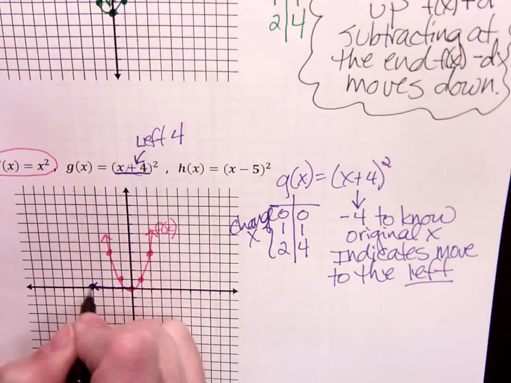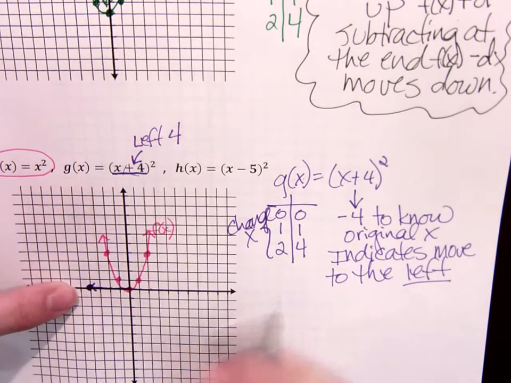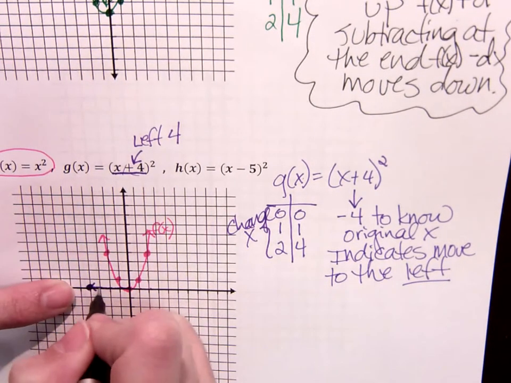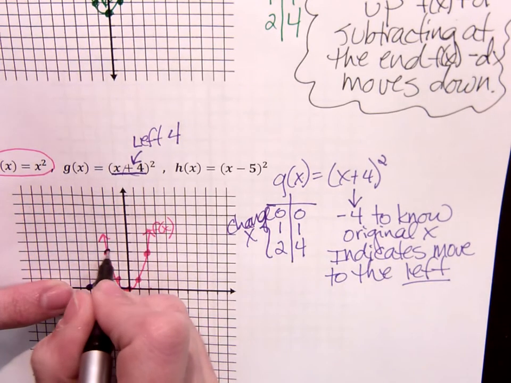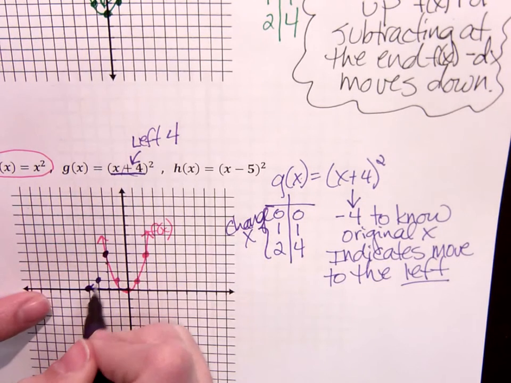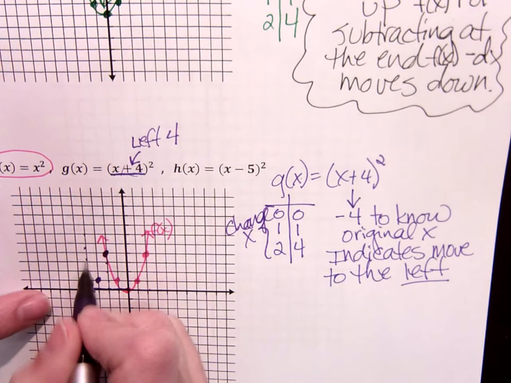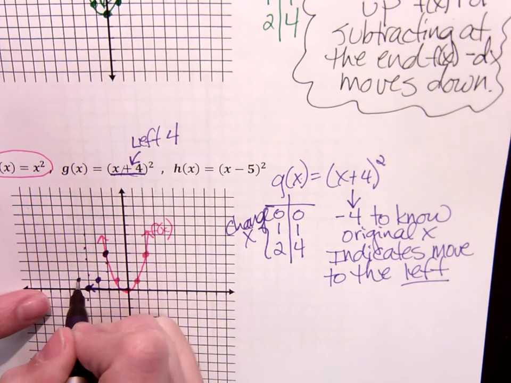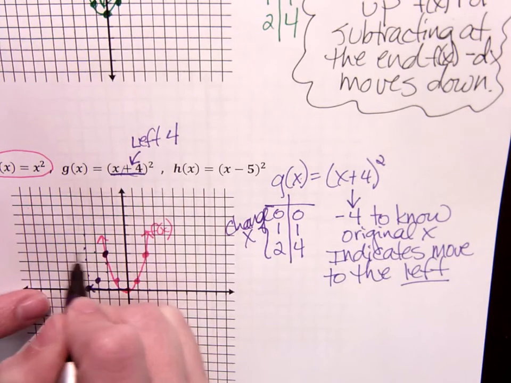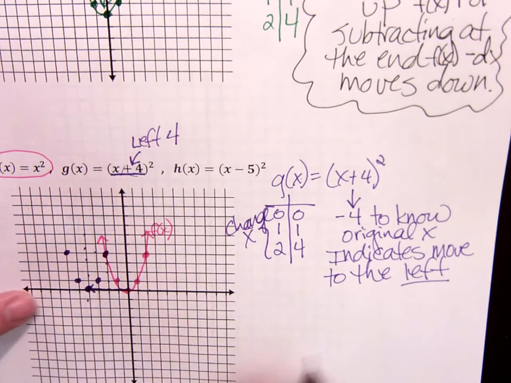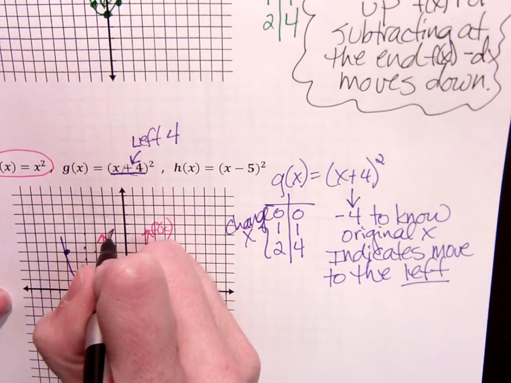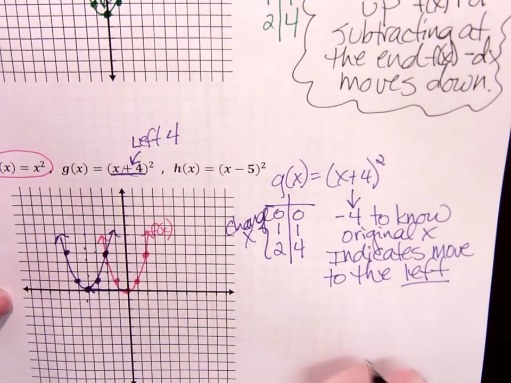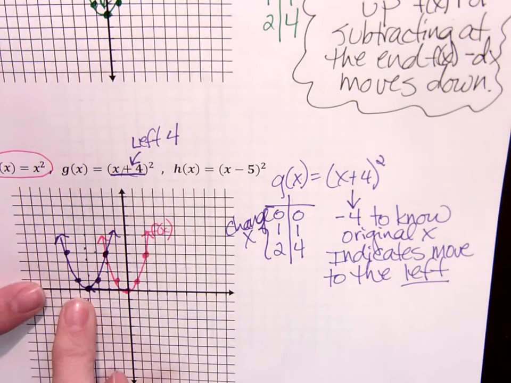That's where my 0, 0 is going to be. And then I can plot my original 1, 1, 2, 4. Overlapped with that one, that's okay. When we reflect them across our axis of symmetry, same size, same shape. We've just moved it over to the left.